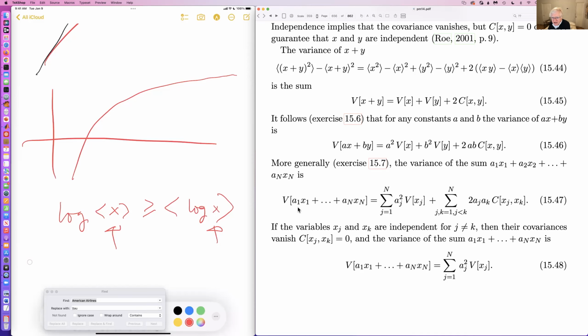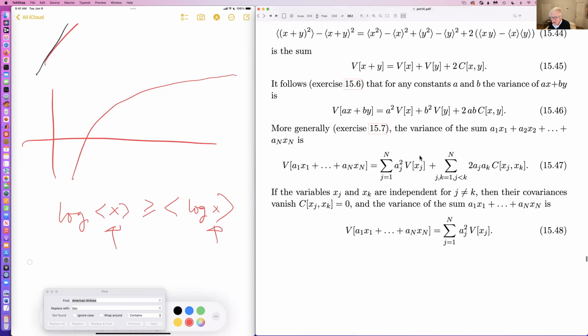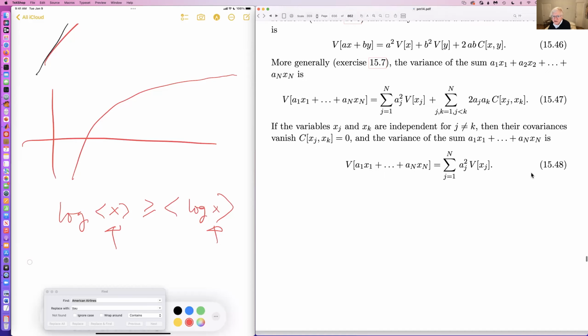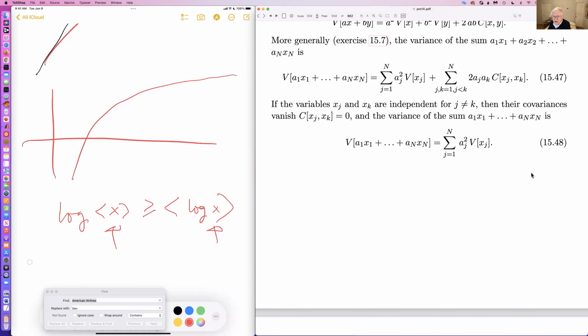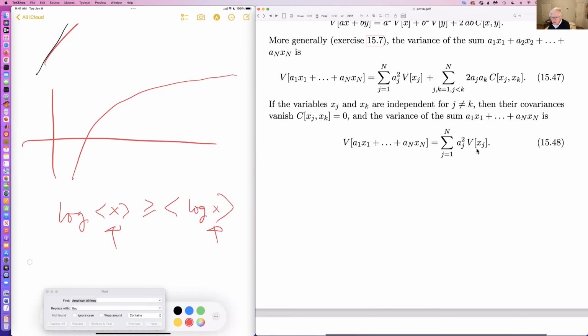Or more generally, for an arbitrary linear combination, you get the obvious terms and then a bunch of cross terms involving covariances. And if they're independent, well, then the variance of the sum is just the sum of the variances with appropriate coefficients.